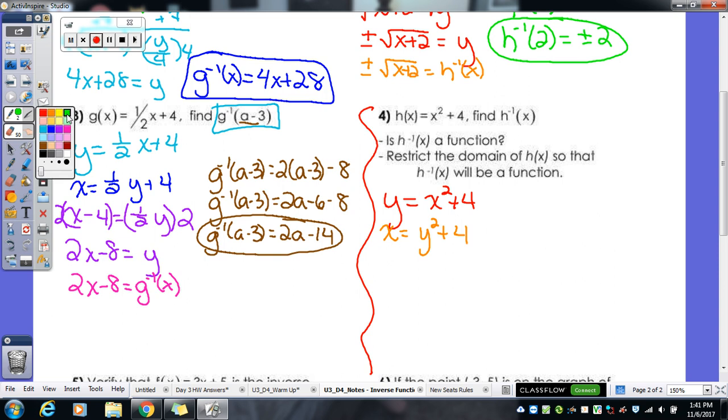Now we're going to solve for y. And then what do we do now? Square root it. Good. So we get plus or minus the square root of x minus 4 equals y.